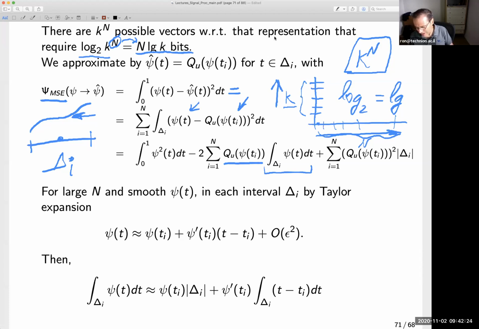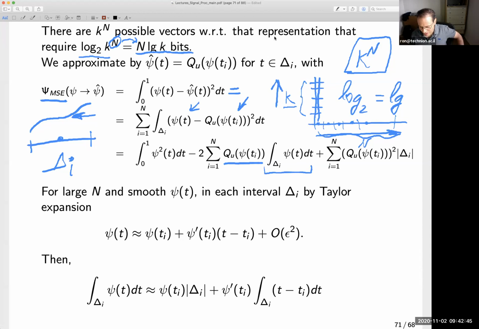For the time being, the only thing that I'm looking at is sampling my function at these points. And then after sampling the function at these points, I'm uniformly quantizing the values according to what is going on here.